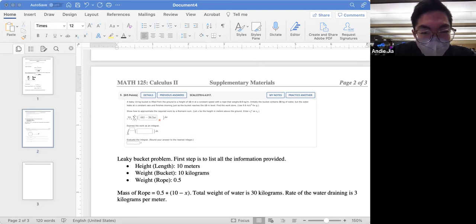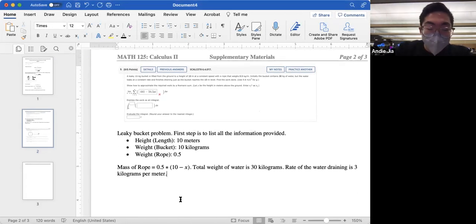Now we need to find the mass of the water. Now we can write a formula or expression for computing the mass of water.